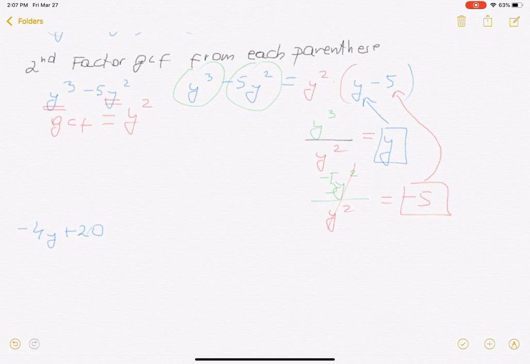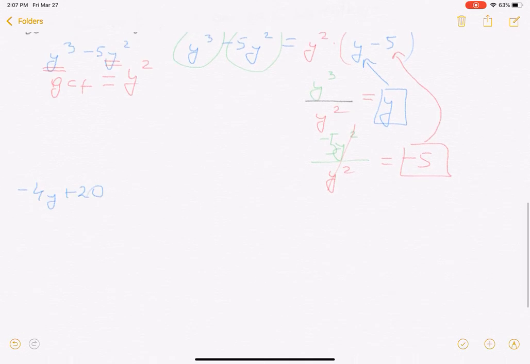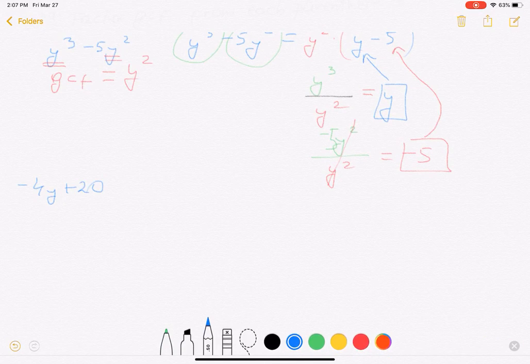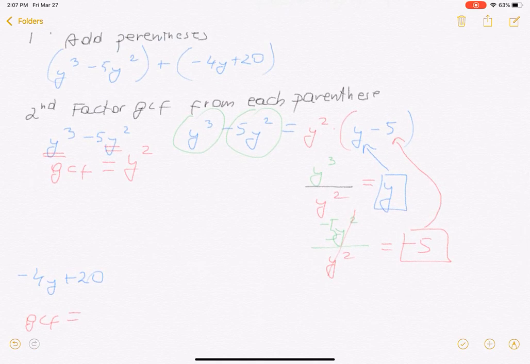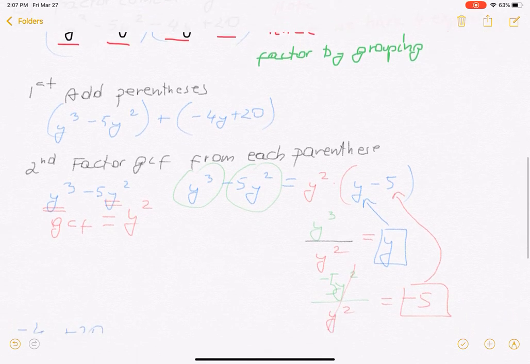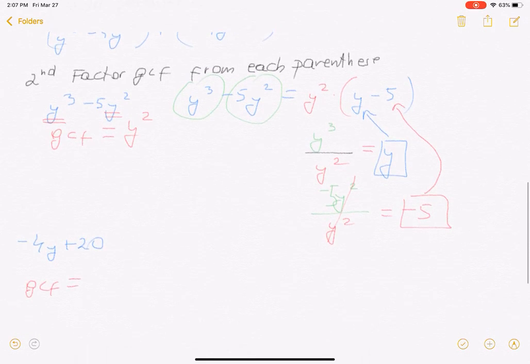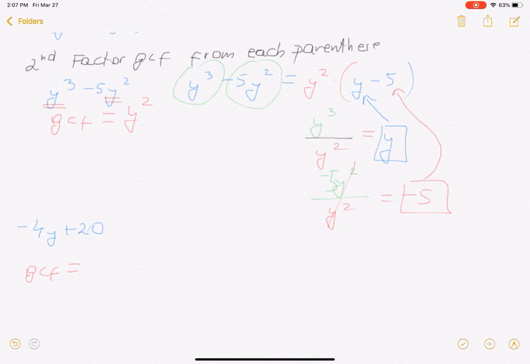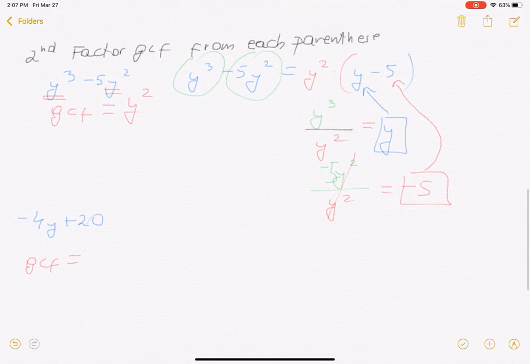That was plus 20, right? Plus 20. Okay, so the GCF will be 4.